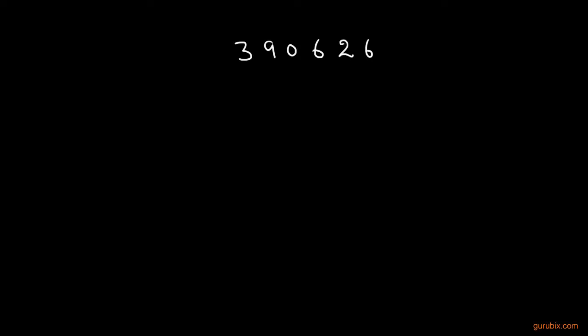Secondly, we shall place bars over each pair of digits starting from the unit digit like this. This is the first pair of digits starting from unit digit, this is the second pair, and this is the third pair, and no single digit remains here in this question.